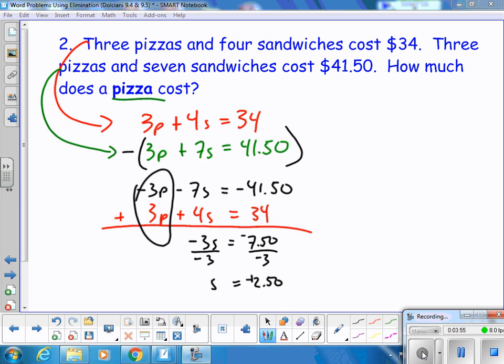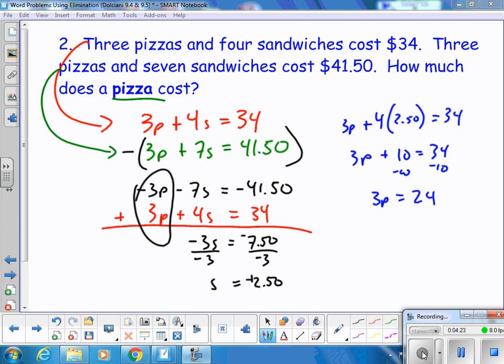So I'm going to use my sandwich price to find my pizza price. I'm going to use 3p plus 4 times 250 to get my 34. 3p plus 10 equals 34, minus 10, so 3p is 24, divided by 3.